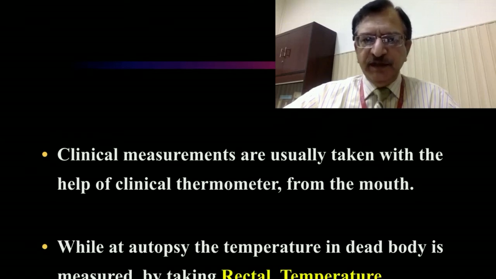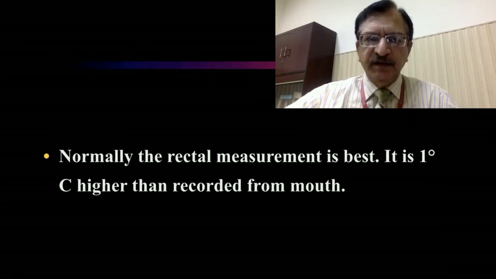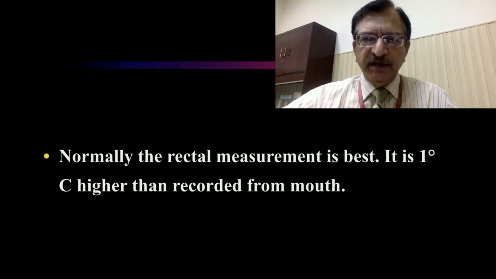But at autopsy, the temperature of the dead body is measured by taking the rectal temperature, because the person is not alive and cannot open his mouth. Normally, the rectal temperature is the best. It is approximately 1 degree Celsius higher than the temperature recorded from the mouth. This is talking about the living subject.